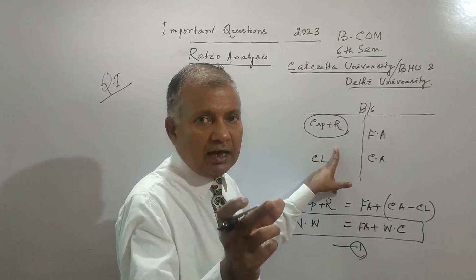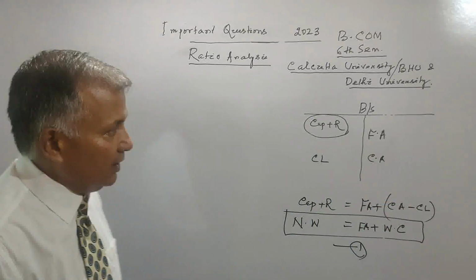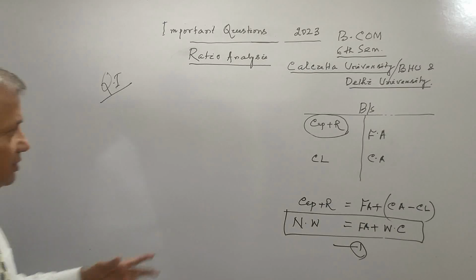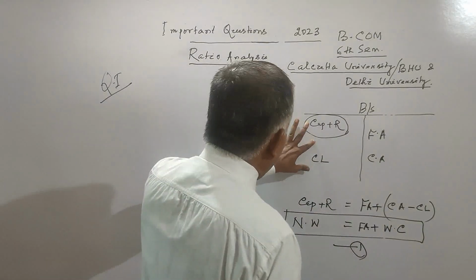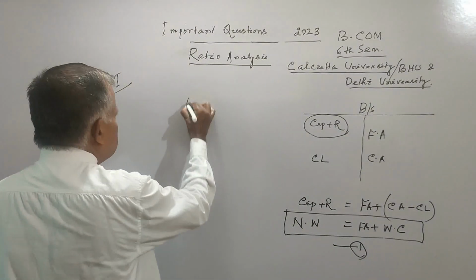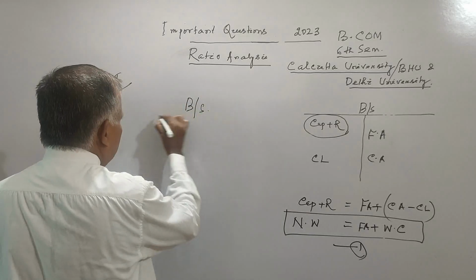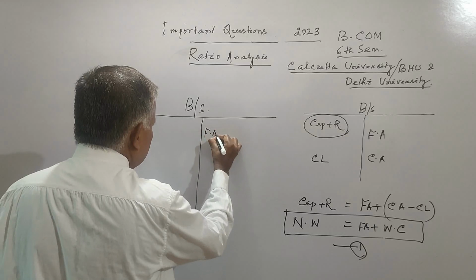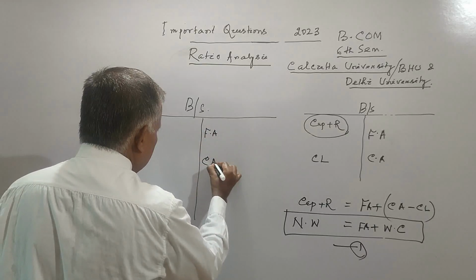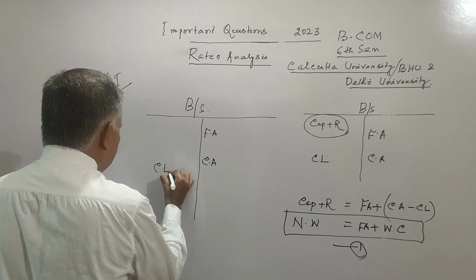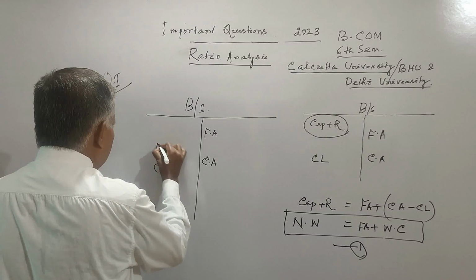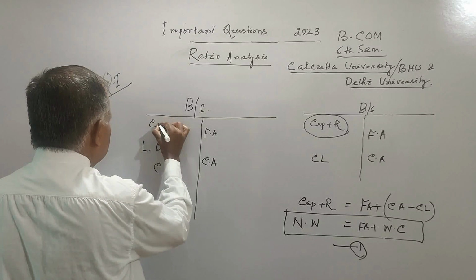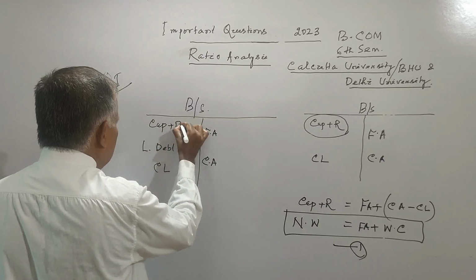Sometimes there is a long-term debt like debenture, like your term loan, like your other long-term loan. So if long-term debt is given, the balance sheet will be like this. This is fixed asset, this is your current asset, current liability, this is your long-term debt, this is your capital plus reserve.